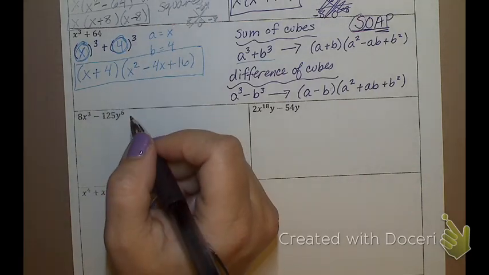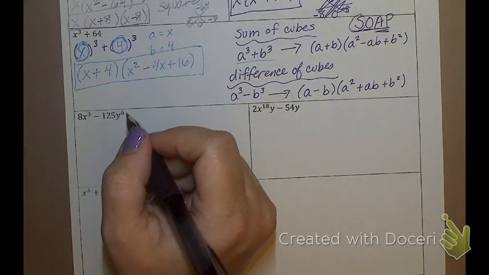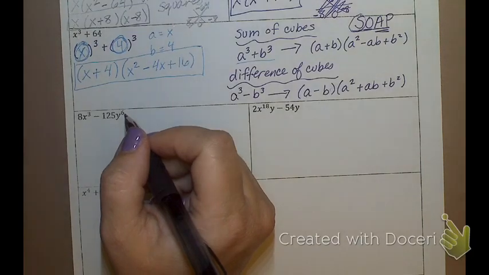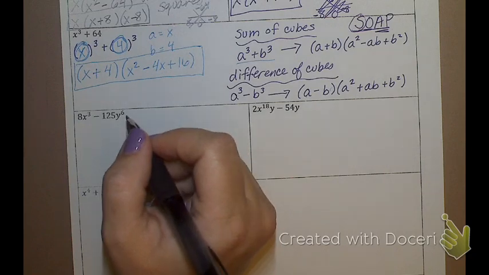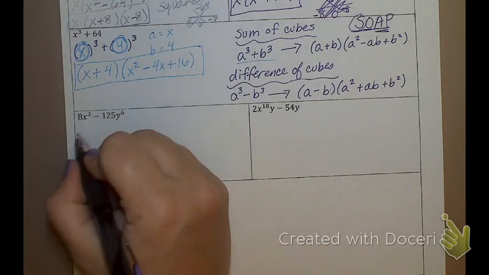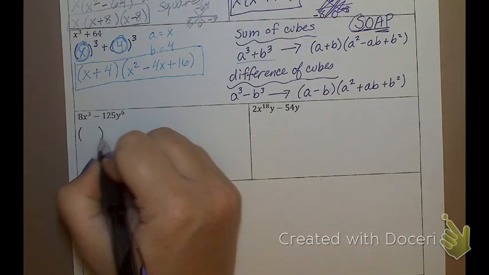Those are all cube numbers. And one number that people always forget, 1 is a cube number. It's also a square number. 1 is everything, right?